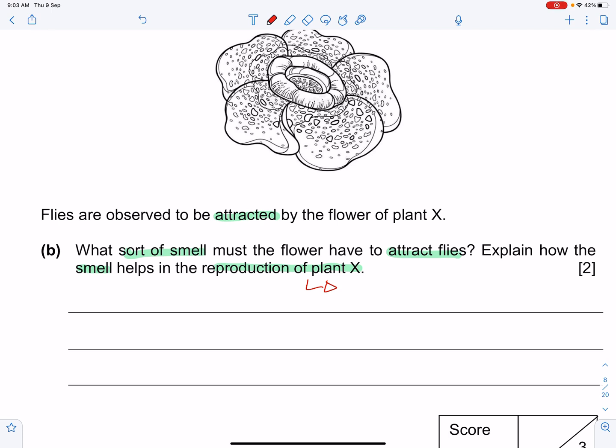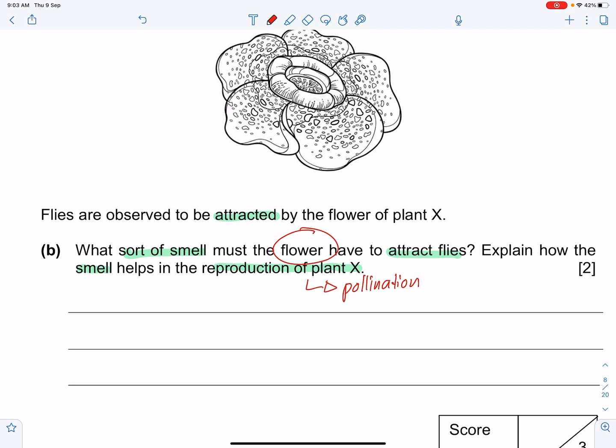Now, in this case, you're talking about a flower, going towards a flower, okay? Not a fruit. So it cannot be dispersion of seeds because the seeds haven't been formed yet. So this must be pollination. Right? You think about it. Not dispersal of fruits or whatever.